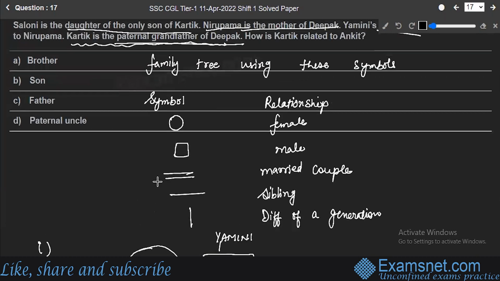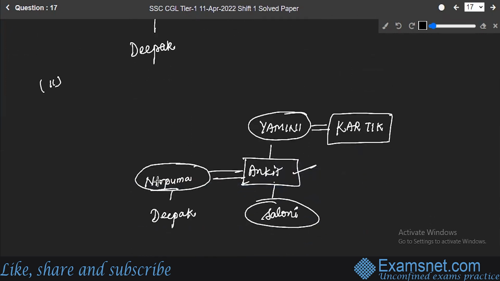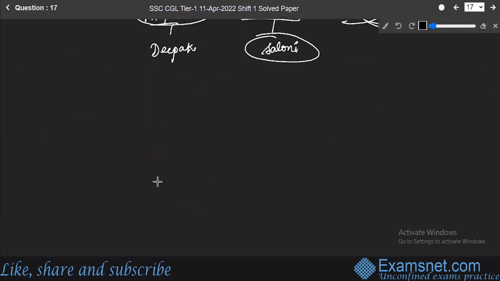Now, what was the question? Question was, how is Karthik related to Ankit? Here is Karthik and here is Ankit. Now you can easily tell what is the relationship between them. Right? What is the relationship between them? Of course, Karthik is father of Ankit. Right? So what is the relationship?